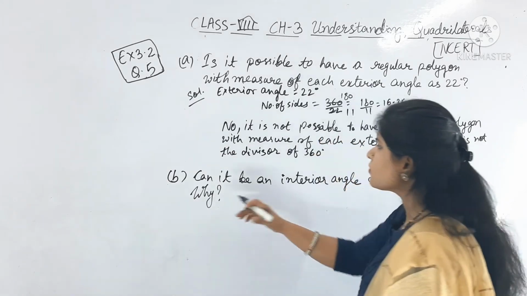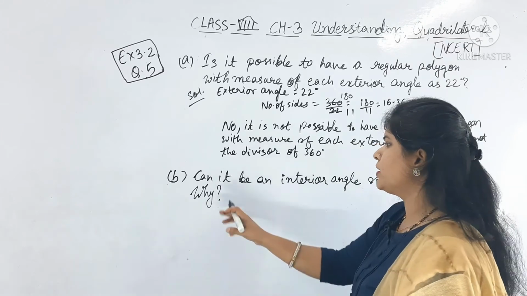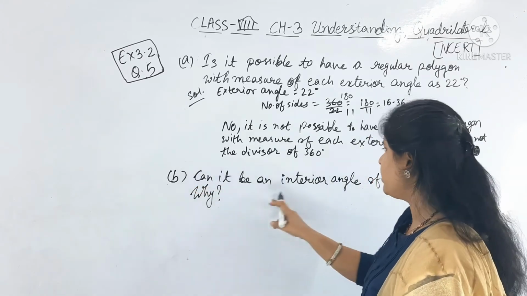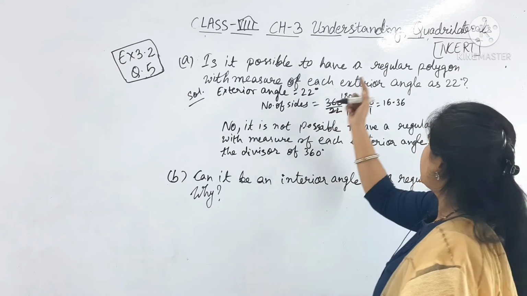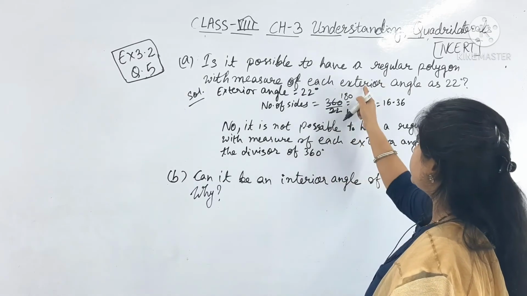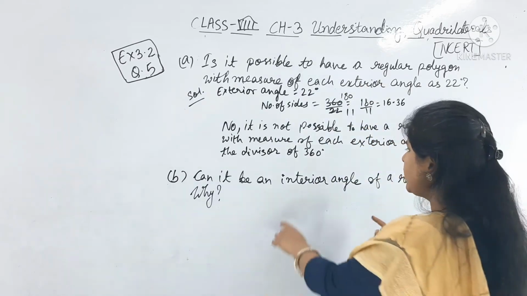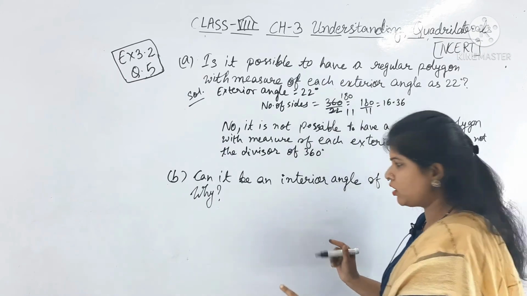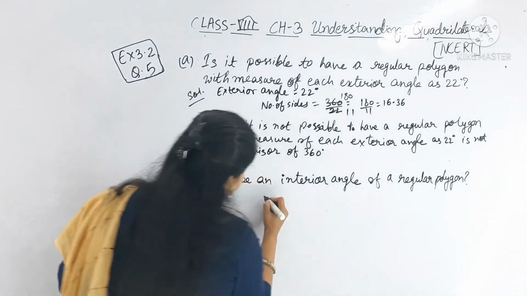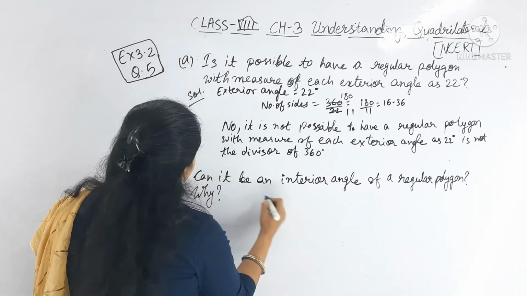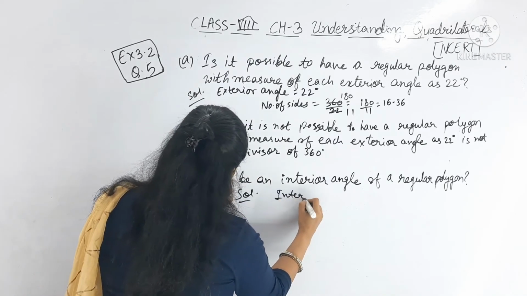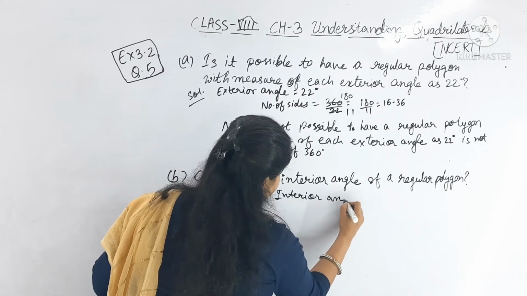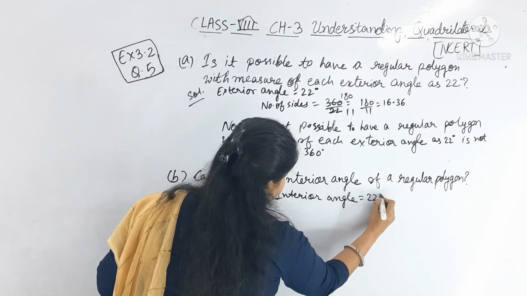Okay. Now come to the B part. What is asked: can it be an interior angle of a regular polygon, and why? Here it is given as exterior angle; if we take interior angle as 22 degrees, what is the change here? You can see here I am writing the solution. Interior angle is equal to 22 degrees.